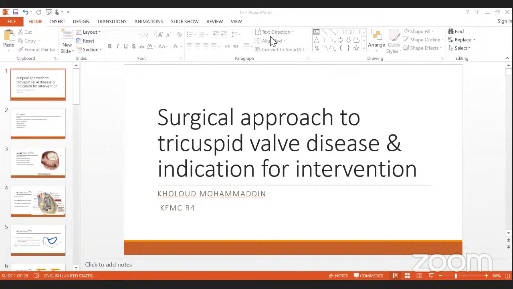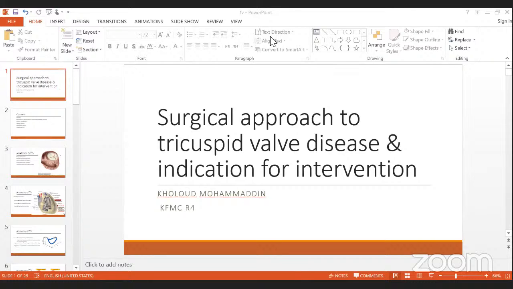If it is secondary, most likely it is because of annular dilatation, which will be addressed with an annuloplasty ring. But sometimes you will find some sort of cleft or perforation if there is old infective endocarditis, so you need to address that.